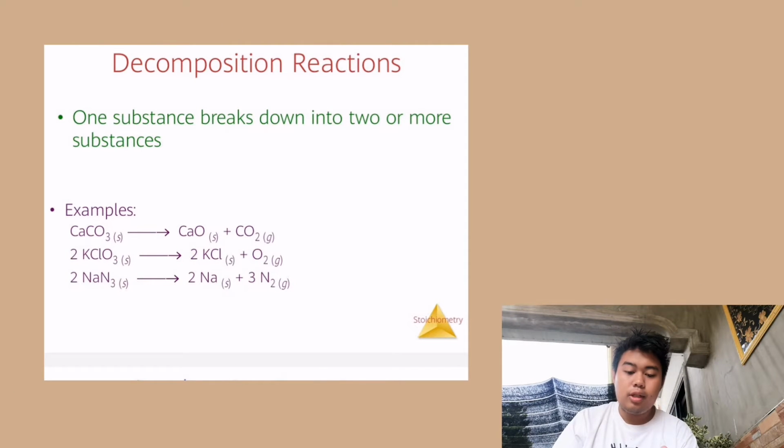Decomposition reaction: one substance breaks down into two or more substances. Example, calcium carbonate equals calcium oxide plus carbon dioxide.